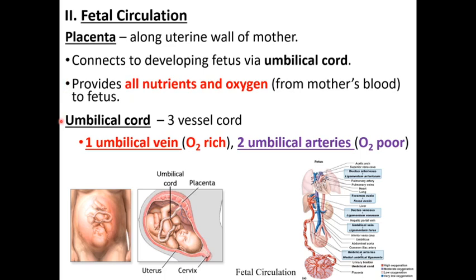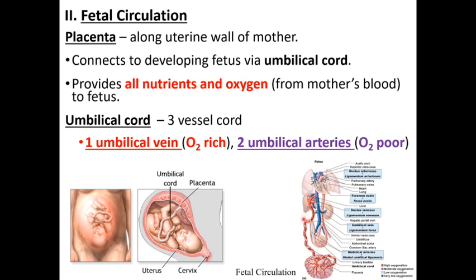baby, the fetus. The umbilical cord, which you can see here, is a 3-vessel cord. There will be one umbilical vein. You can see here this one large umbilical vein in red. It's carrying oxygenated blood. So it's a vein bringing blood to the baby's heart. The blood to the baby's heart is oxygenated, hence the red color.